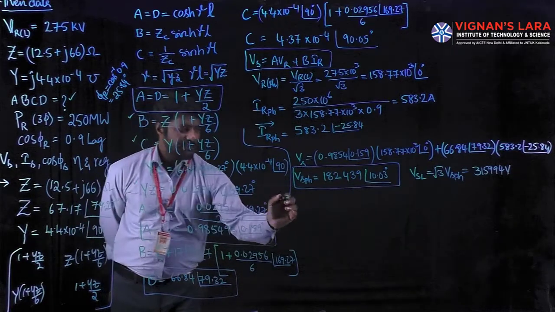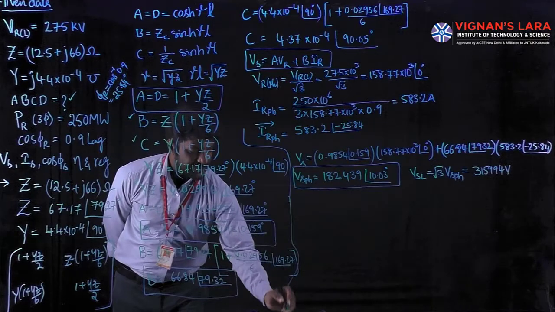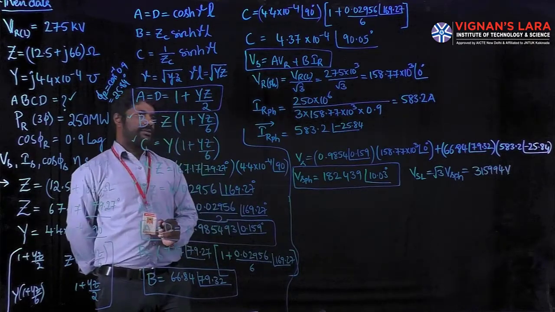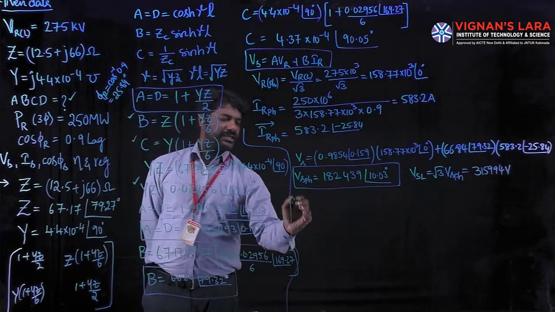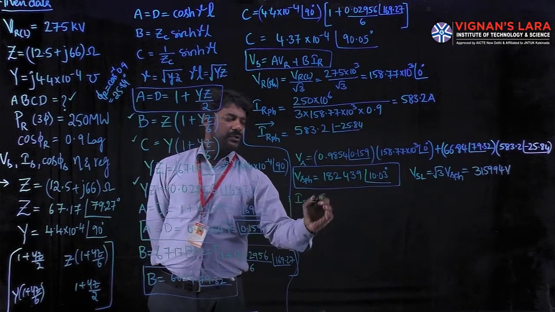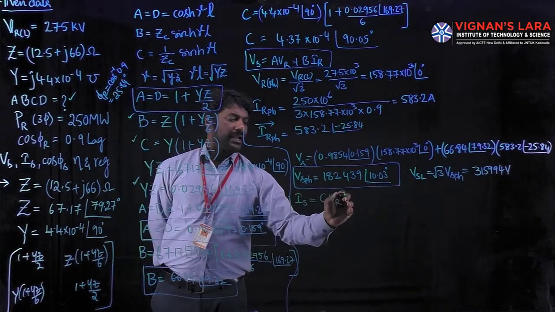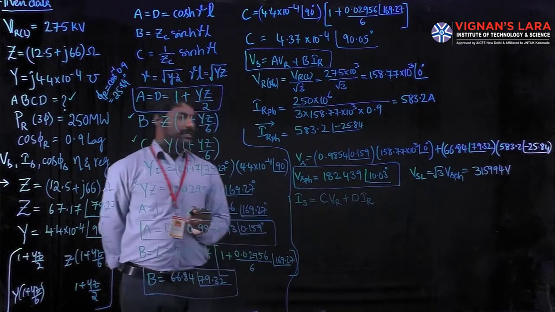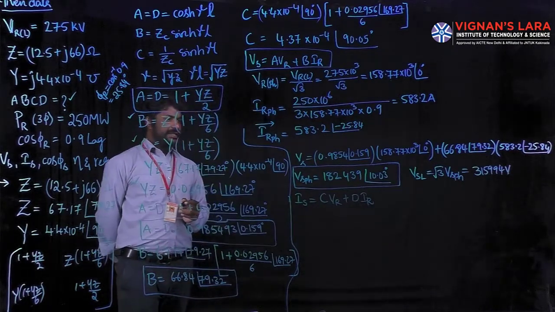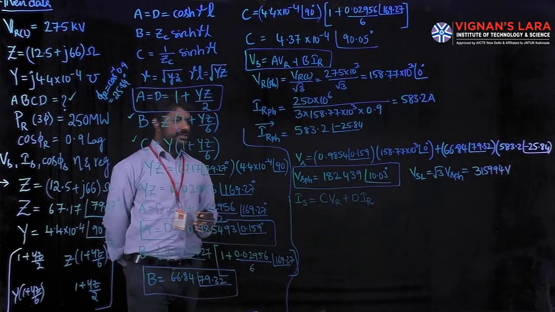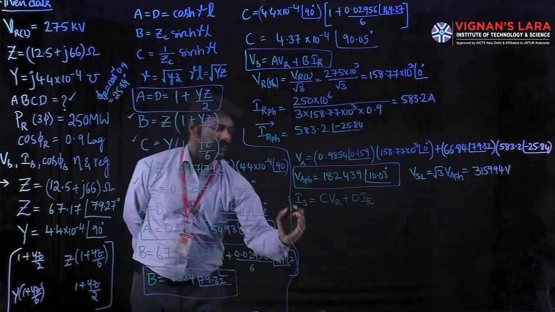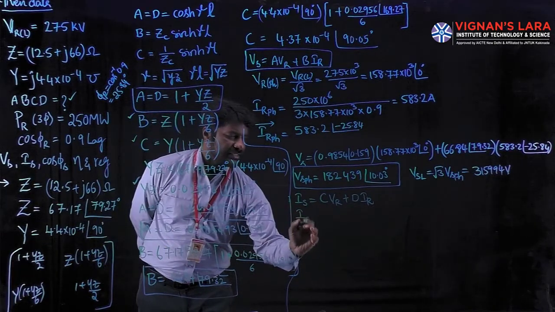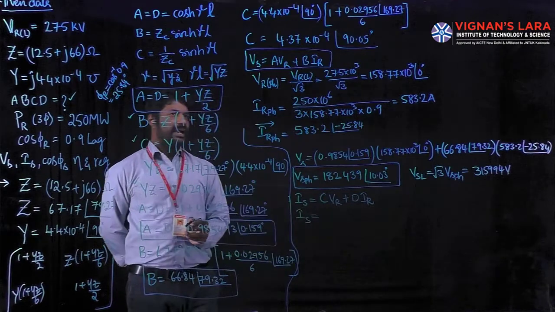And the next step is to find out the sending end current using the second performance equation. What is second performance equation? IS is equal to CVR plus DIR. Let me substitute the magnitudes of C and D separately with known values of VR and IR. Then what we get is IS is equal to CVR.